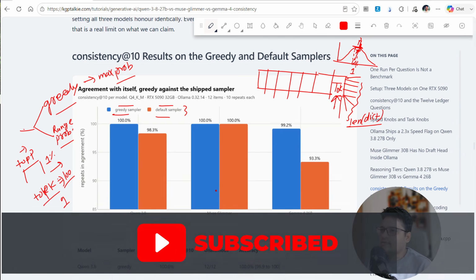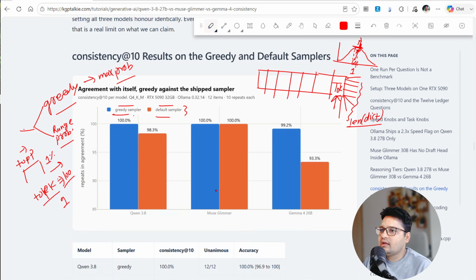Okay, so I select the greedy sampler first and then I check here. If I select the greedy sampler, then for Qwen 3.8 and Meta's Muse Glimmer model, I'm able to get 100% consistent results. If you remember, we had a total of 12 problem statements and each problem ran 10 times.